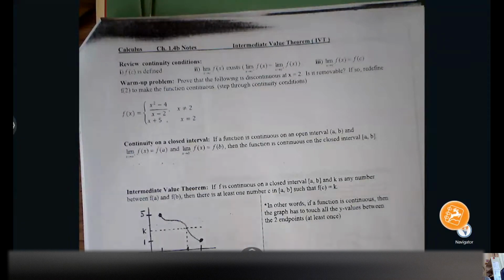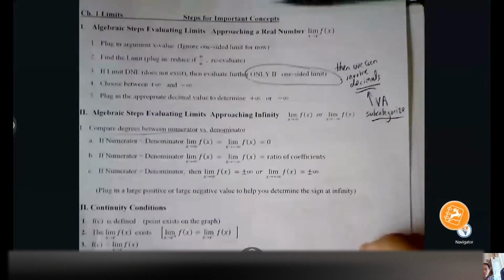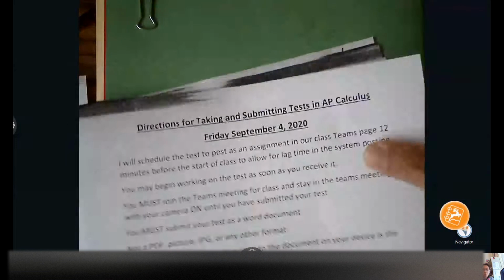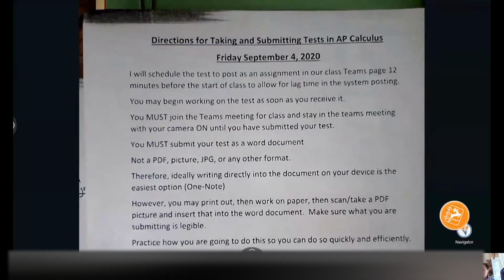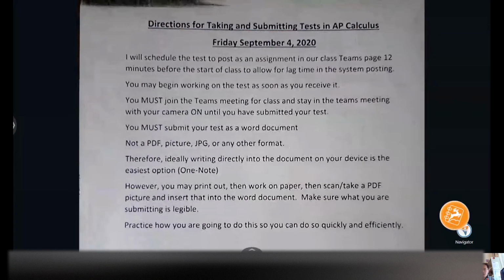You got the test review under today's, and then there's also the summary sheets, highlighting the important steps that we need to be able to apply. And then I also have this direction for taking and submitting tests on Friday. So let me walk through this, see if you guys have any questions.